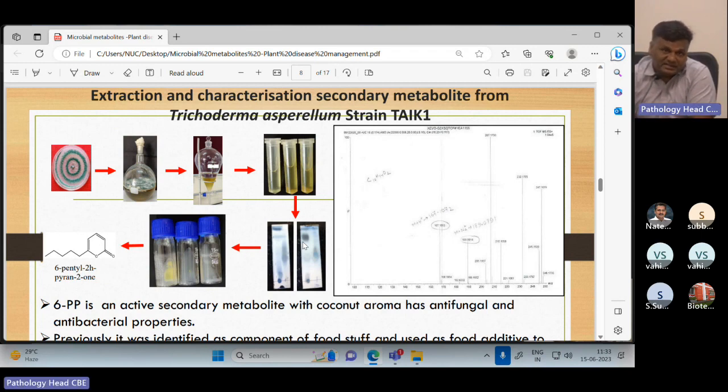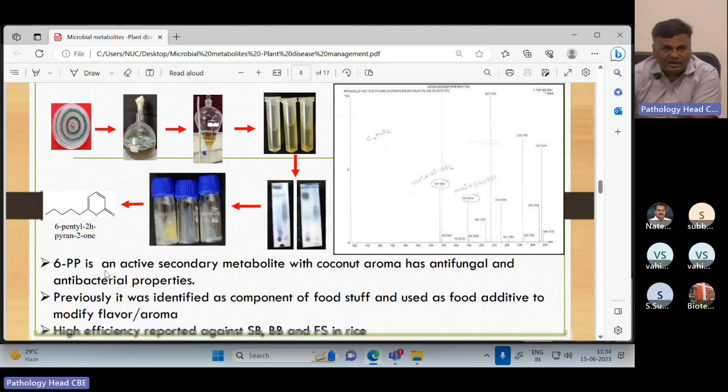When we tested the individual fractions against the particular pathogens, one fraction was working very nicely against most of the rice pathogens. When we purified that fraction, we could get this particular compound, 6-pentyl-2H-pyrone. This is one of the most dominant compounds we obtained.